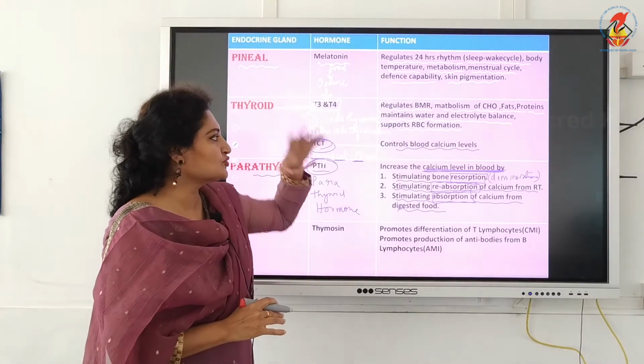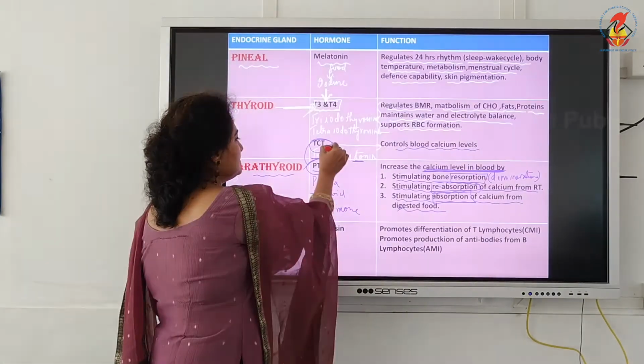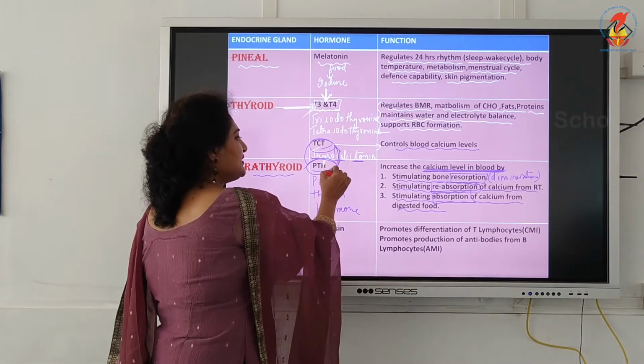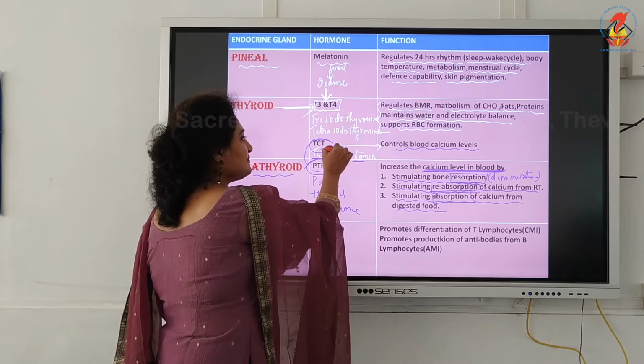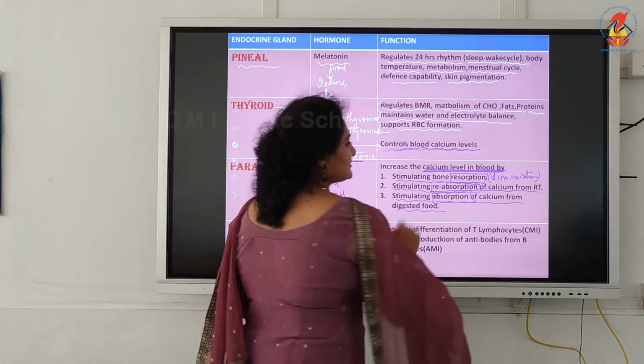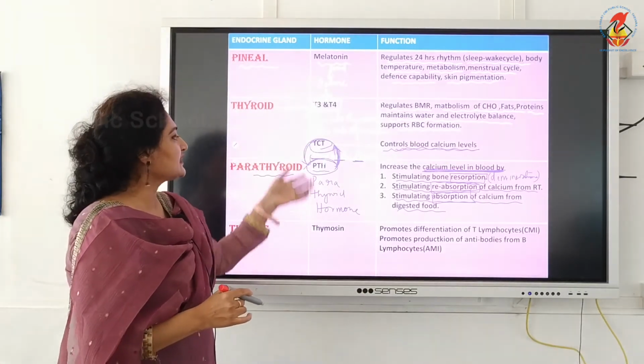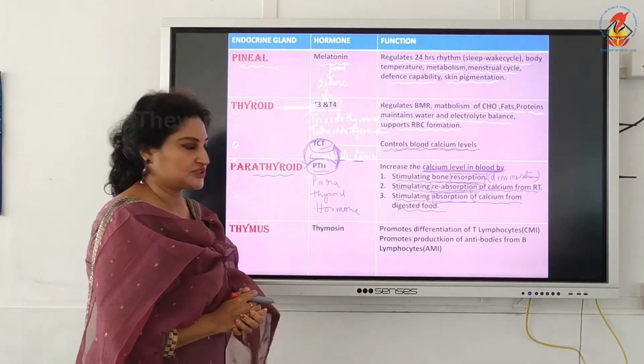If it becomes too much, then our TCT works to control it. So there is a feedback here. PTH increases the level of calcium and TCT brings the levels down. That's why it helps in controlling the calcium levels. So these two hormones produced by two distinct glands are very, very important to function.